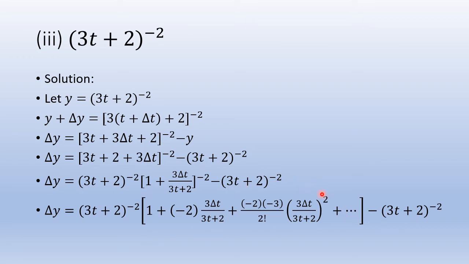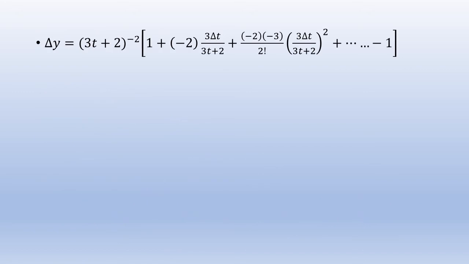Now what we are going to do? We are going to extend this bracket up till here. That is, we are going to take (3t + 2)^(-2) common from this term also. As a result, we will get this bracket over here and we will get a minus 1 in place of it. We are going to take this term common, (3t + 2)^(-2) and this thing.